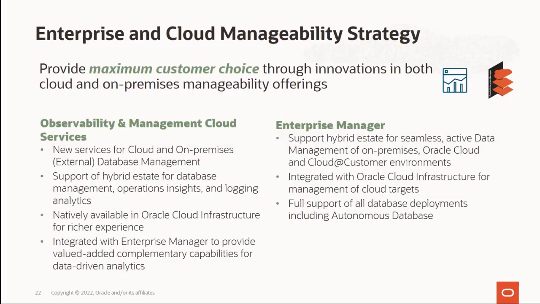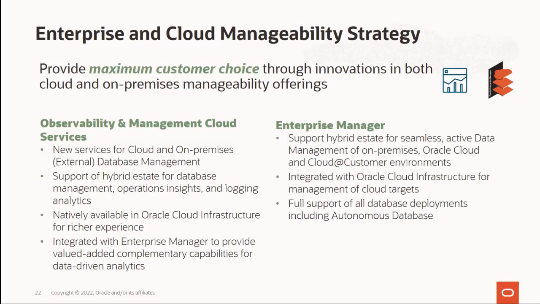The overall strategy is to provide a choice to you, our customers, through innovations in both cloud and on-premises manageability offerings. And you have the observability and management cloud services, which are a new set of services that we discussed earlier. Tim in the earlier section covered a bunch of services other than database management.